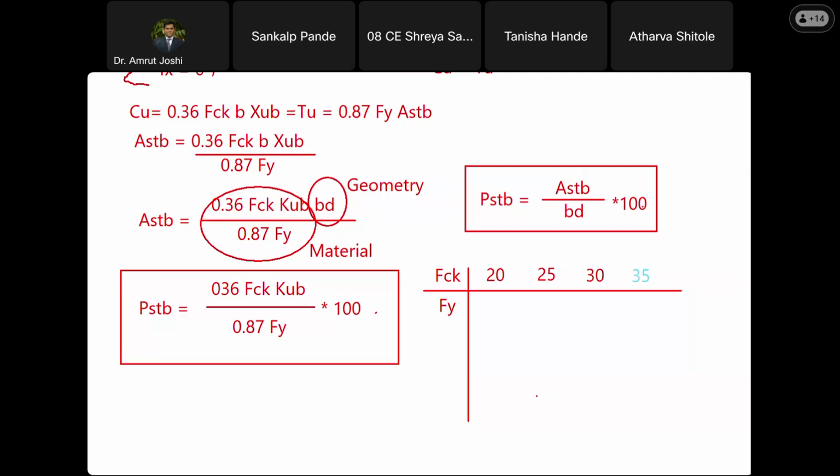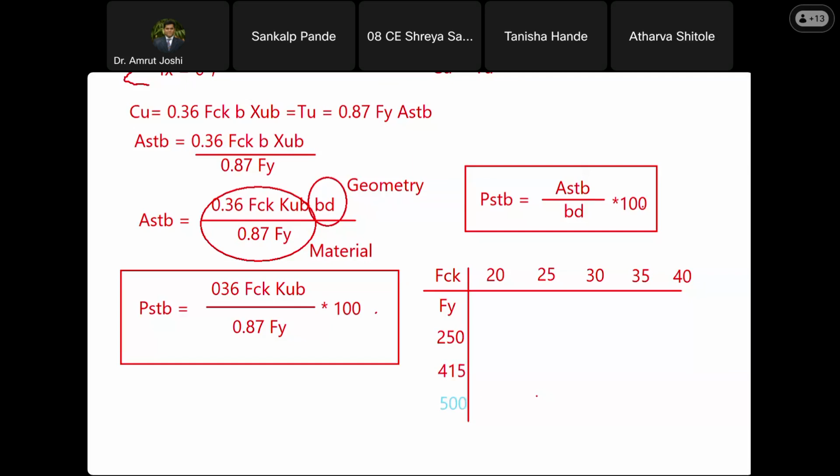So these are the various grades of concrete that we will be dealing with: 20, 25, 30, 35 and 40. And what are the various grades of steel that we are going to deal with? Those are 250, then 415, happy, and 500. These are the three grades of steel, and these are the 5 grades of concrete that we will be dealing with.